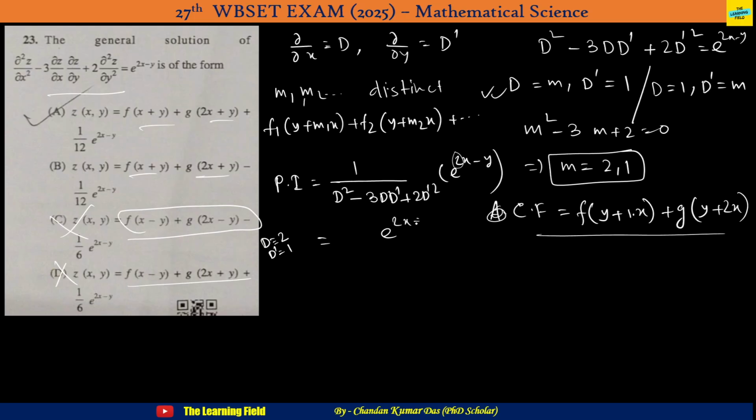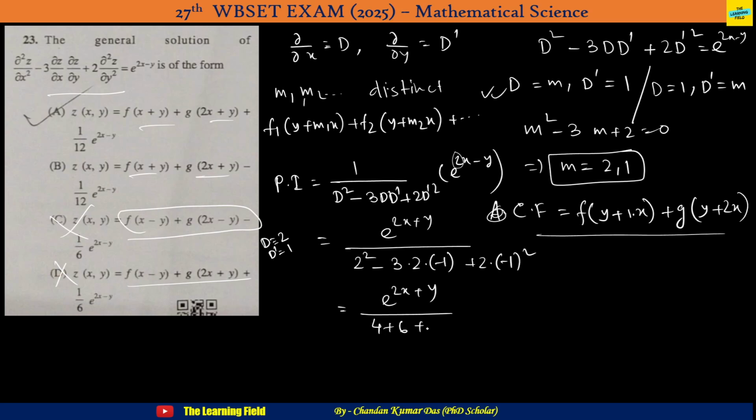So e to the power 2x minus y, and D square means 2 square minus 3 into 2 into minus 1 plus 2 into minus 1 square. So this equals e to the power 2x minus y by 4 plus 6 plus 2, which is e to the power 2x minus y by 12, which is non-zero. Since it is non-zero, we get the plus function, therefore the minus option will not be the answer. The answer is option A. Fine.